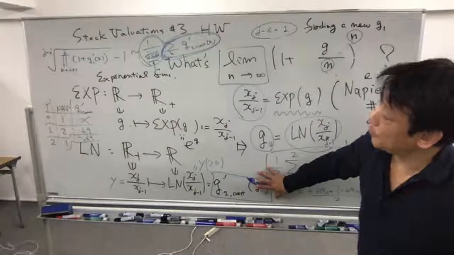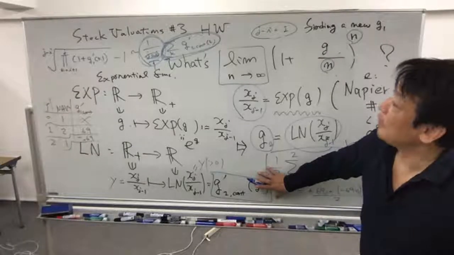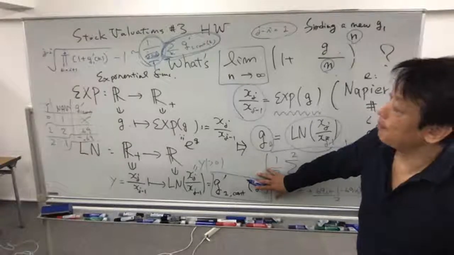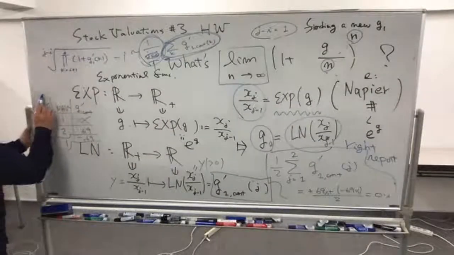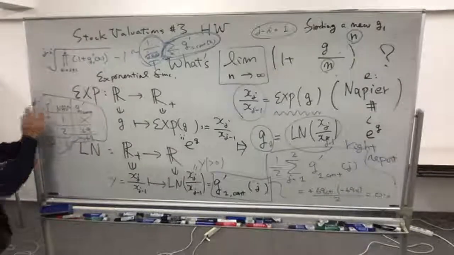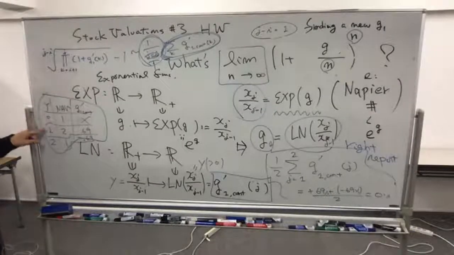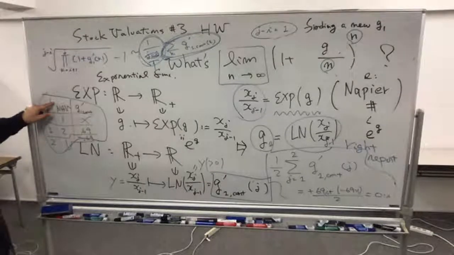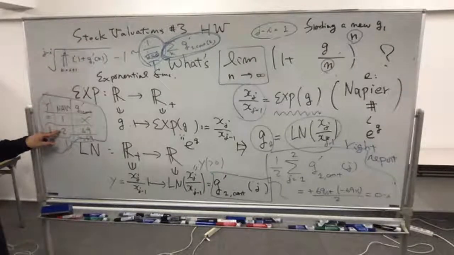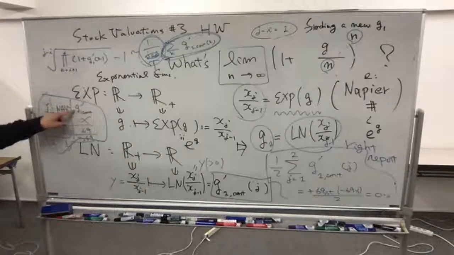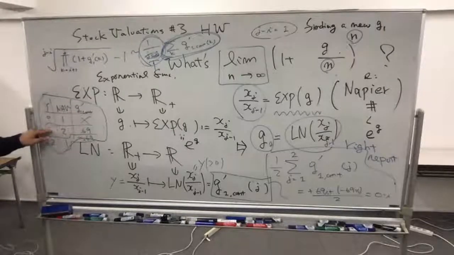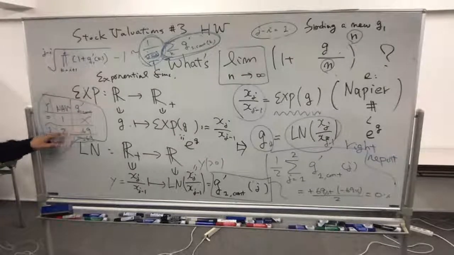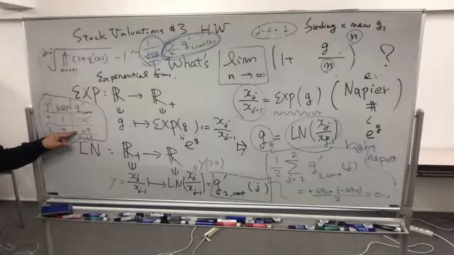So let's look back at stock valuation number 3, the bad report, the wrong report. You might recall the fund manager's track record. Year 0, 1, 2, and his NAV goes from 1 to 2 and 2 to 1. So what's the value of G1 continuous prime? The first year, ln 2 over 1 equals 69%.